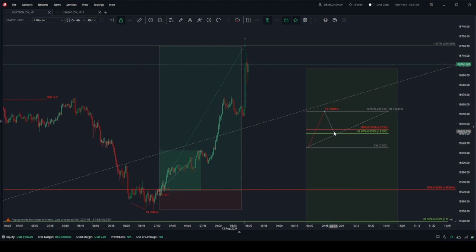It's the price to come back into this Fibonacci right here, and then make an FVG, and after making the FVG, you will continue like this. This has to be your TP.